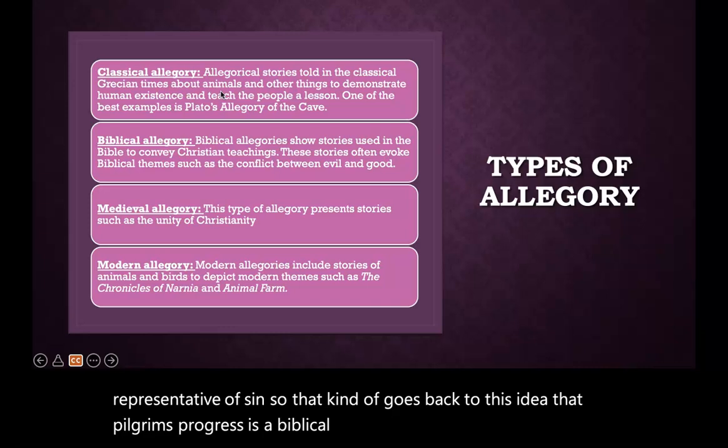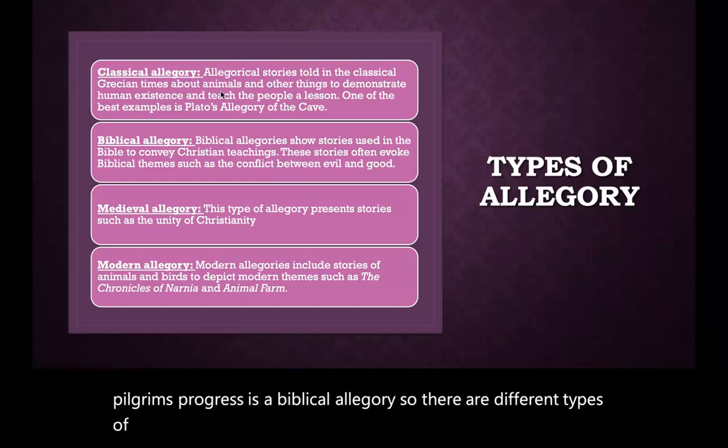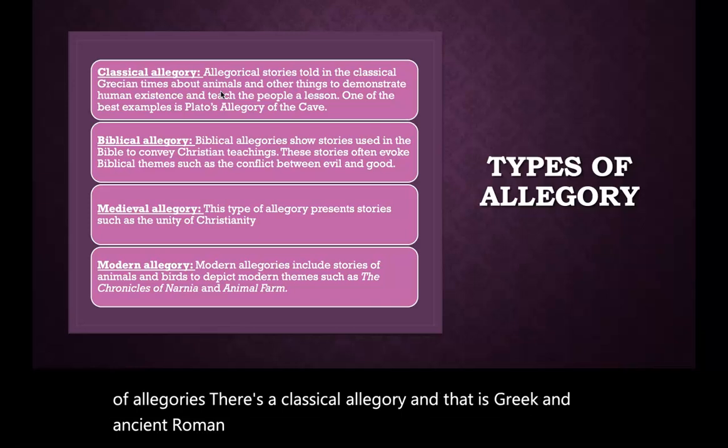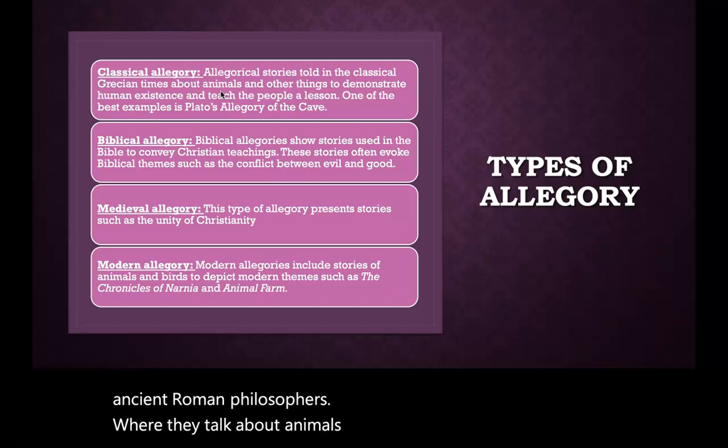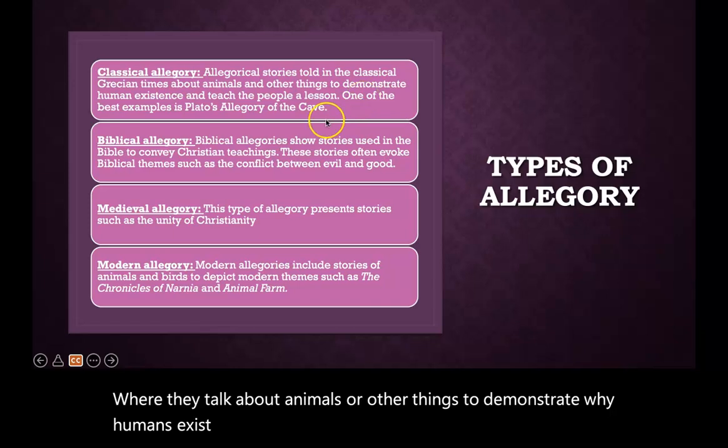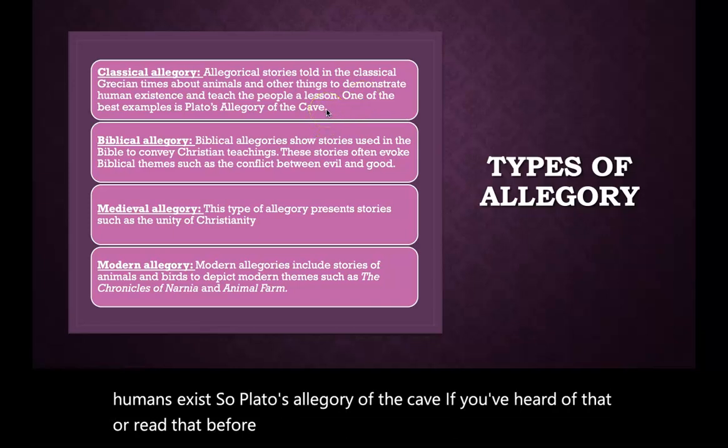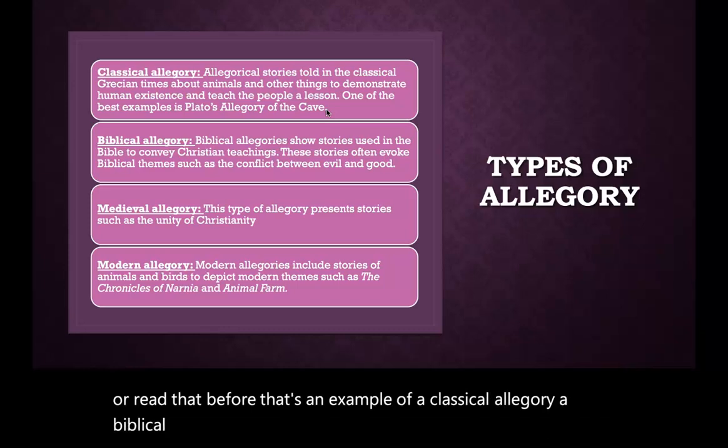There are different types of allegories. There's a classical allegory, from ancient Greek and ancient Roman philosophers, where they talk about animals or other things to demonstrate why humans exist. Plato's allegory of the cave, if you've heard of that or read that before, is an example of a classical allegory. A biblical allegory uses stories from the Bible to convey Christian teachings.